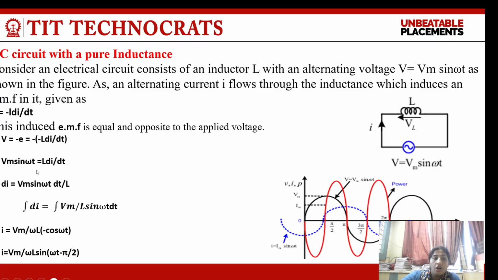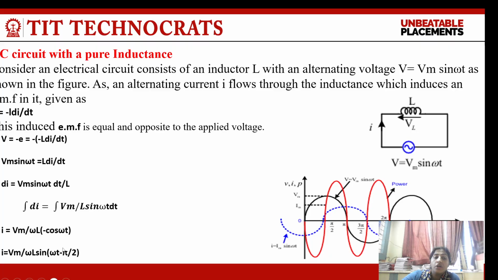Now, when we solve this particular derivative through integration, we get the value of current, that is Im by omega L sine of (omega t minus pi by 2). This means the current in the inductive circuit always lags the voltage by pi by 2. So this is the difference.